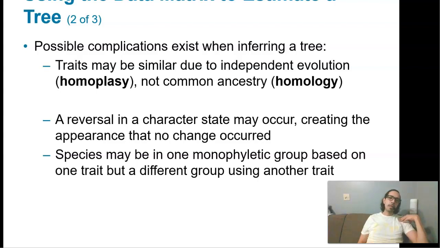Sometimes there's a reversal in a character state, which means that the character appears, but then it's lost, and that makes it seem like it was never there to begin with. So species may be in one monophyletic group based on one trait, but a different group using another trait.